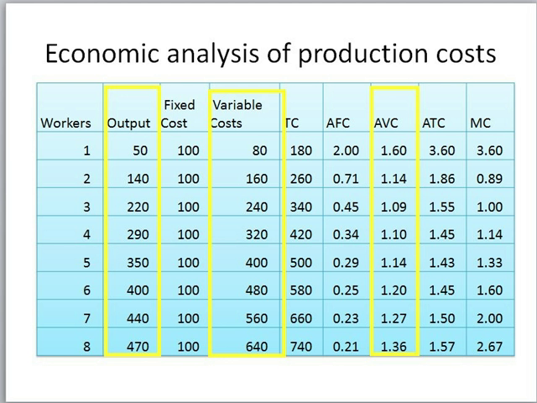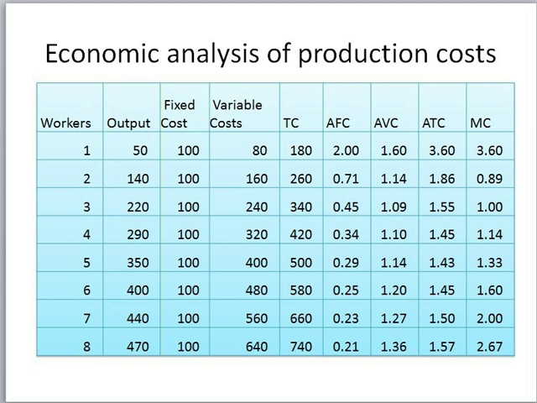So for a while the average variable cost reduces, but then after a while it starts increasing, and we have to ask why. Well, the reason for that to happen is because if you notice, the level of activity going from 0 to 1 allowed us to produce 50 units.